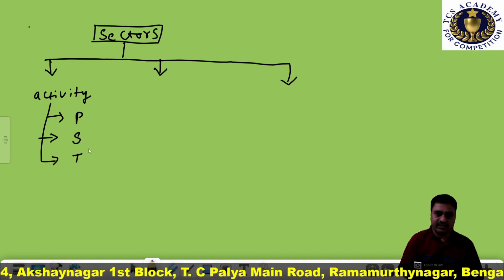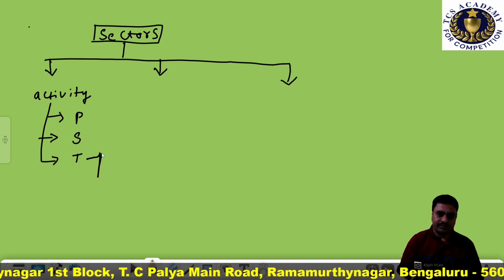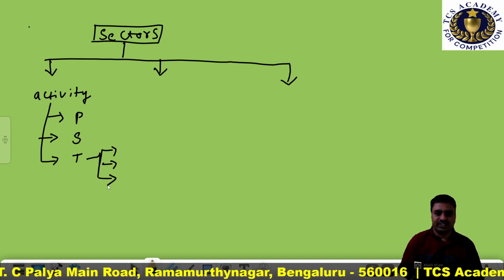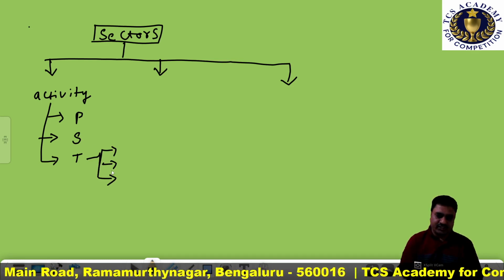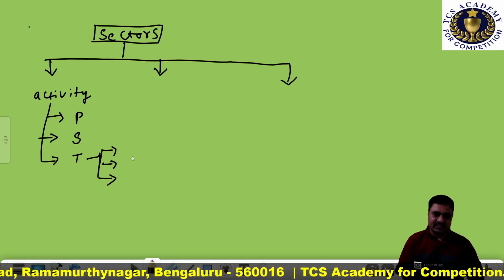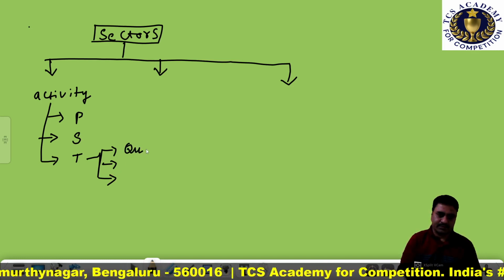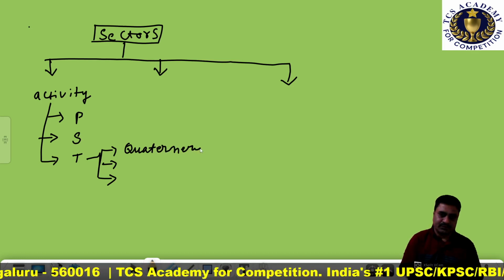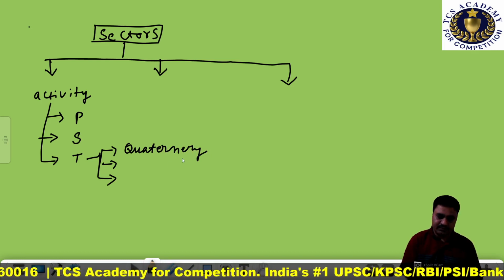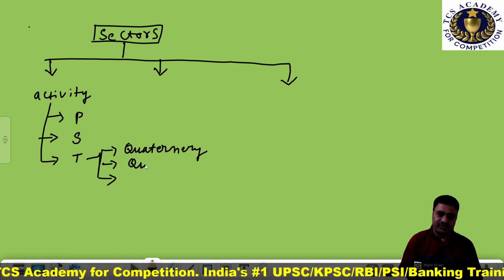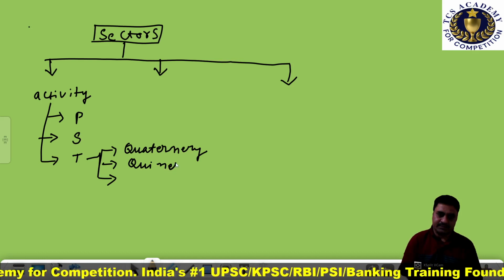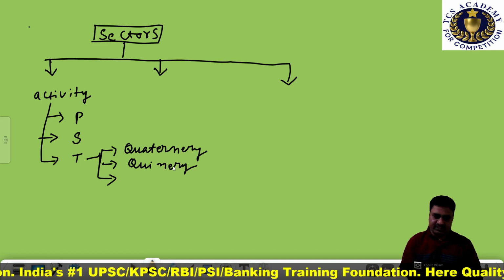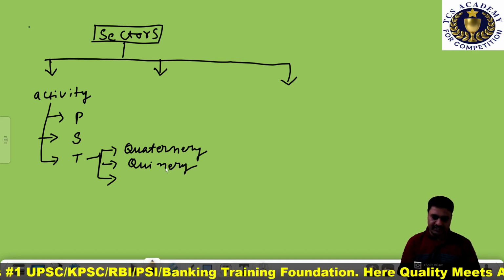So one is quaternary sector, and second one is quinary sector, and other sectors that we could able to see, right?